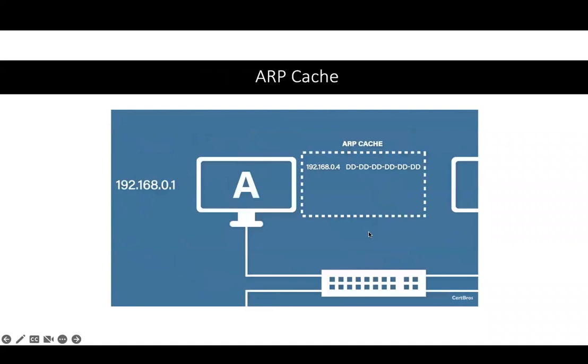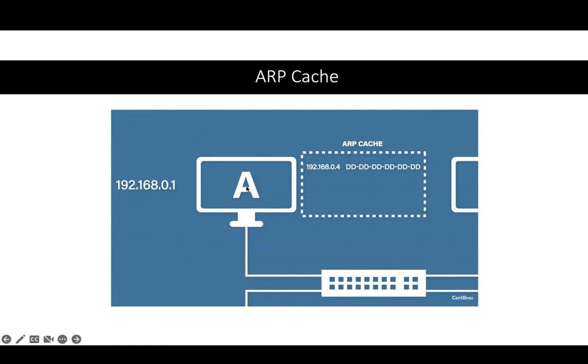Once user A has the MAC address of user D, they will store it in a cache named the ARP cache. So 192.168.0.4 is the IP address of user D, and this dd/dd is the MAC address of user D. User A will store all of this information in the ARP cache.